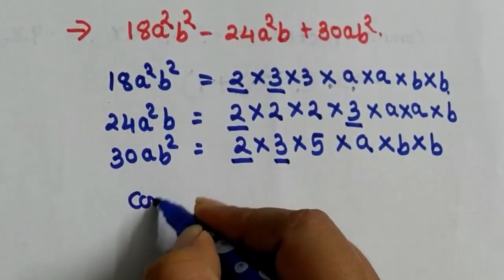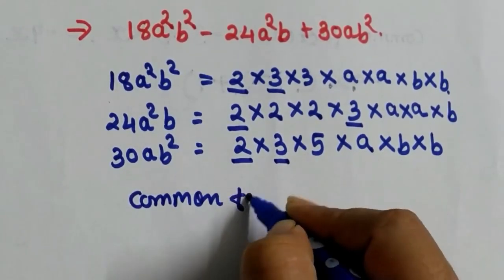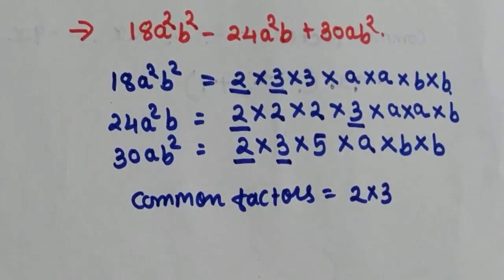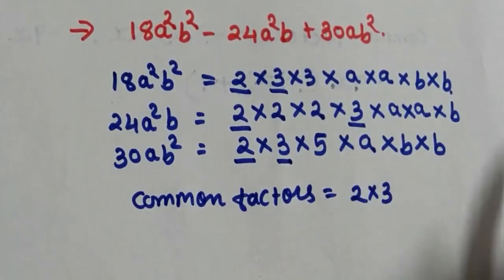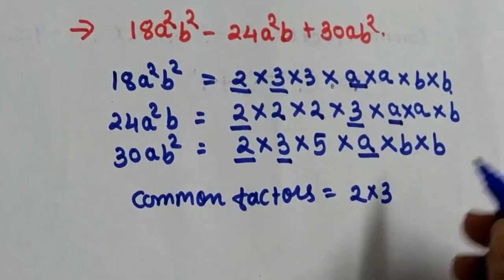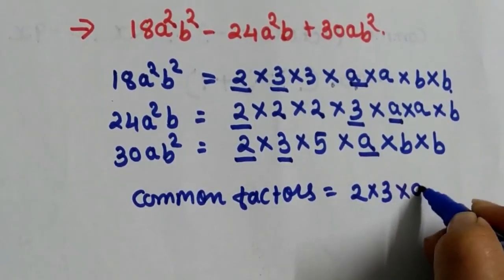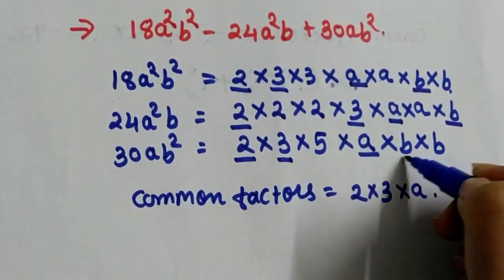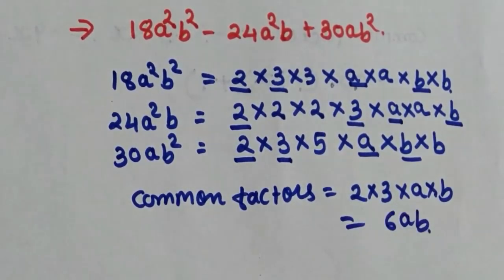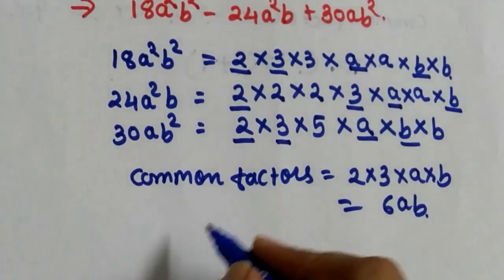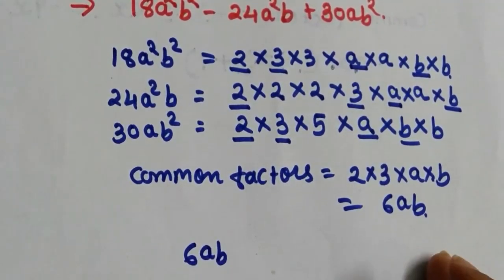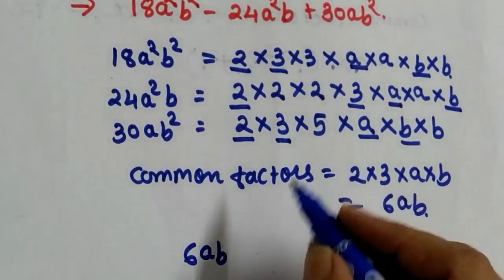So common factors are 2 multiplied by 3, and here a is there as a common factor, so we'll write a first, and then b is only one time, so we'll write b. So common factors are 2 3s are 6ab. So we'll write 6ab outside of the bracket, and the remaining prime factors we'll write in the bracket.